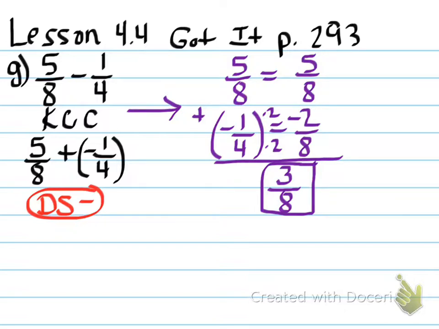Now we need to get common denominators and work through 5/8 plus a negative 2/8. So really we're just focusing on the numerators, 5 plus negative 2, which would be 3. The 3 is positive, and the answer would be 3/8, no simplifying necessary.